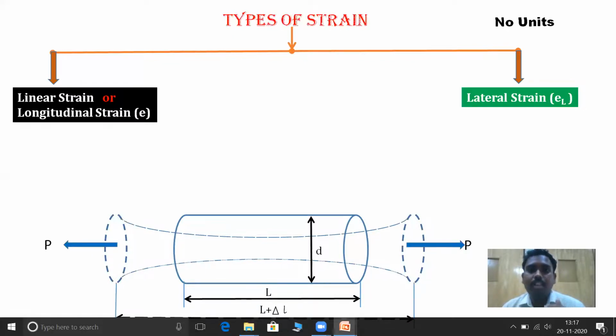The length of the final shape is L plus delta L, as we have studied in the previous slide. The change in dimension is represented with the help of an orange color arrow mark. In the same way, there is a change in diameter also. The change in diameter is represented with a green color arrow mark. This is the concept we have learned in the previous slide.